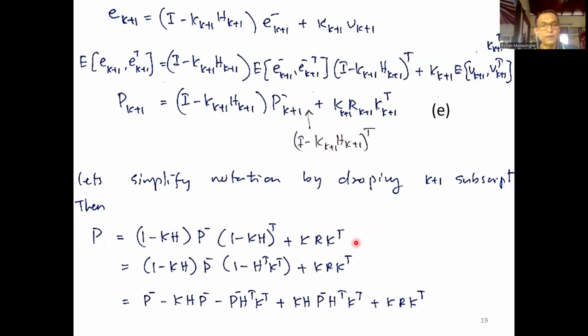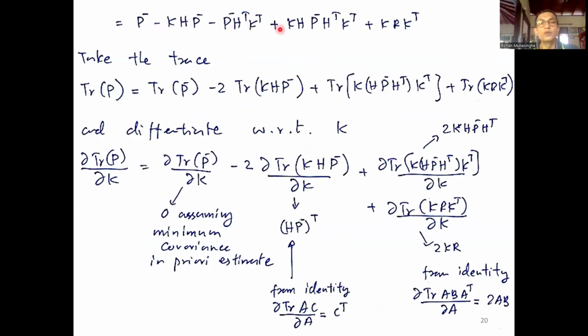So it is I minus KH, then P minus, I minus KH transpose, plus K R K transpose. This is exactly the same equation. Anyway, then you multiply this one, you get this line, like over here.